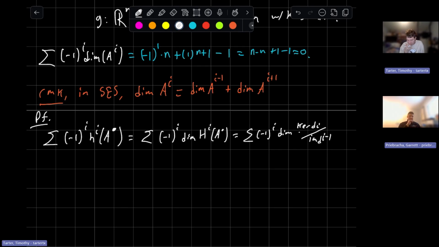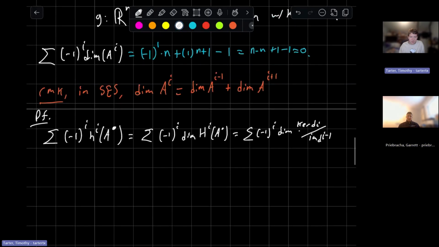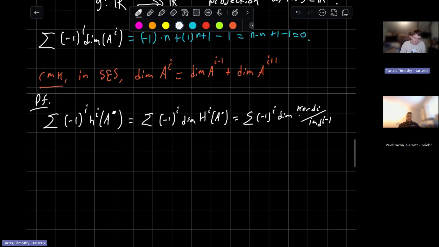Well, is the kernel of d_i and the image of d_(i-1) not the homology group? No, it is the homology group. That's the point.